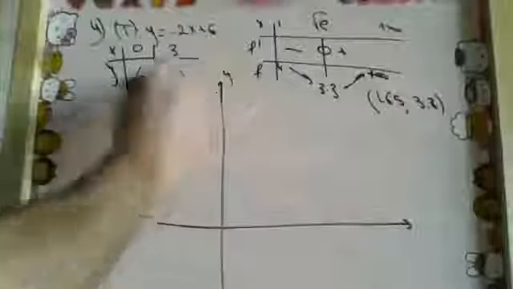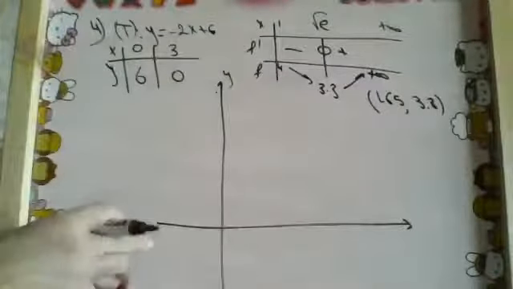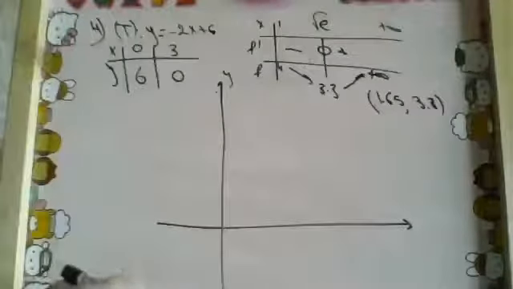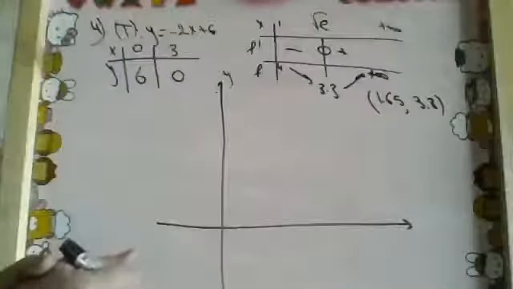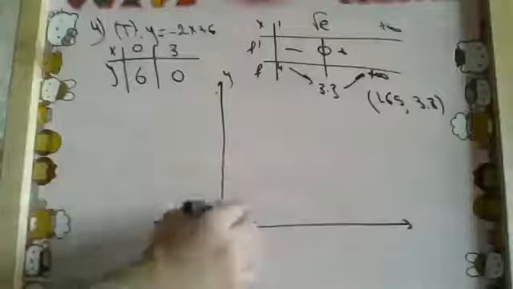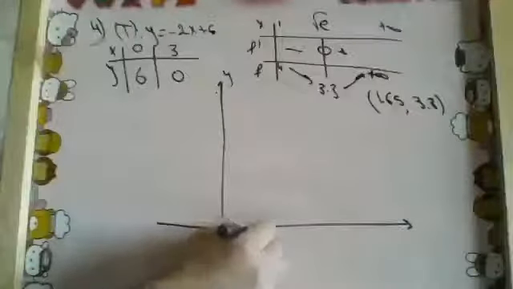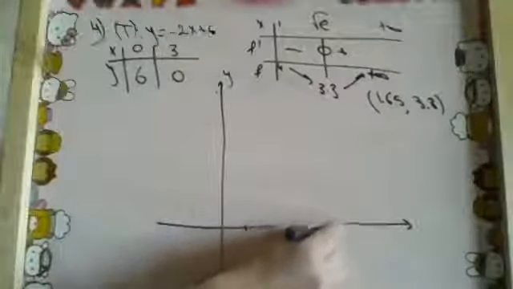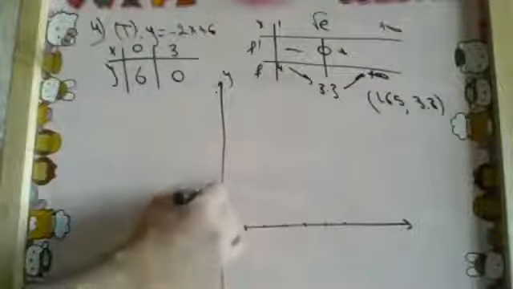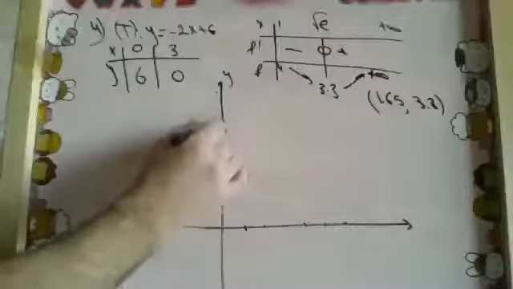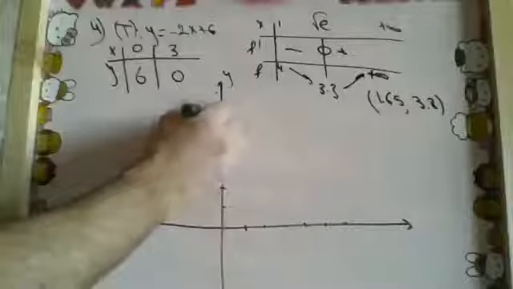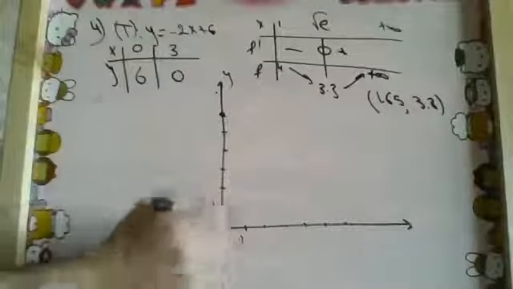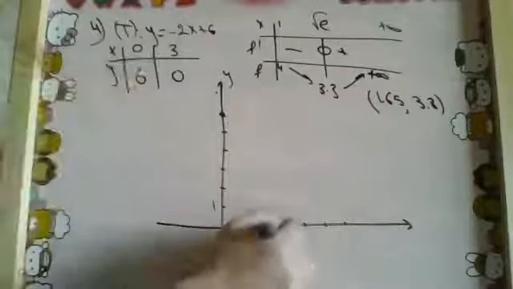values of x, values of y. You have the line, sorry, and 1, 2, 3, 4, 5, 6. You have 0, 6, and 3, 0.